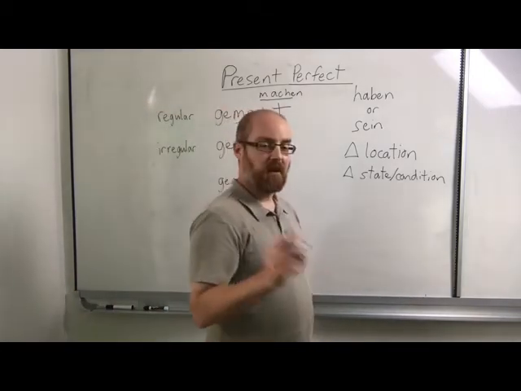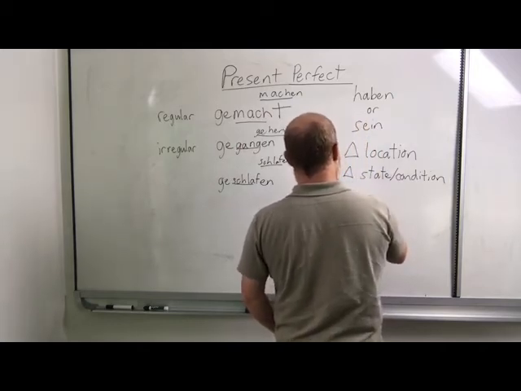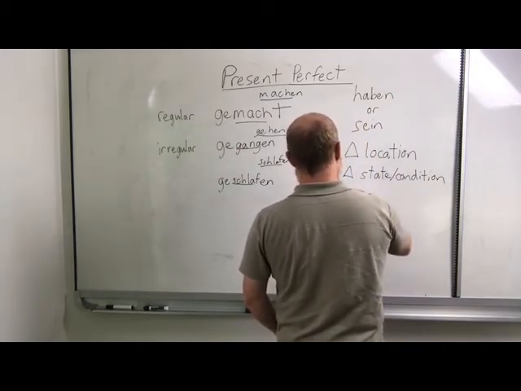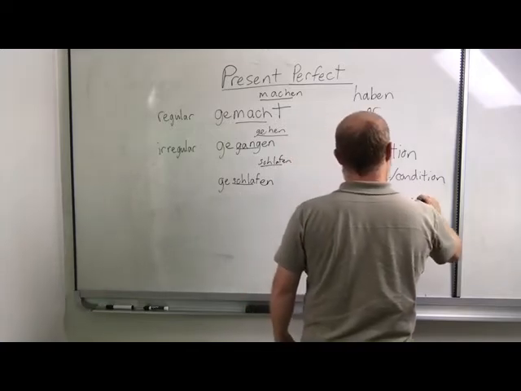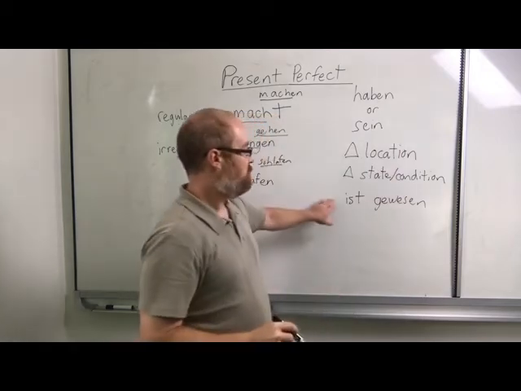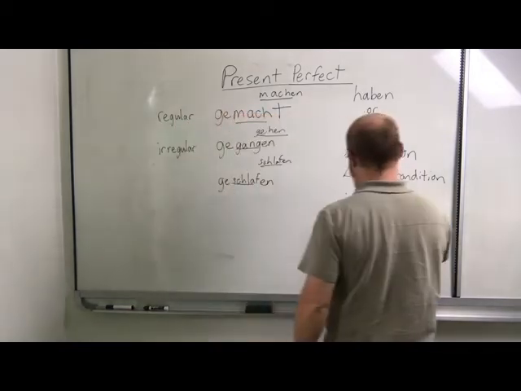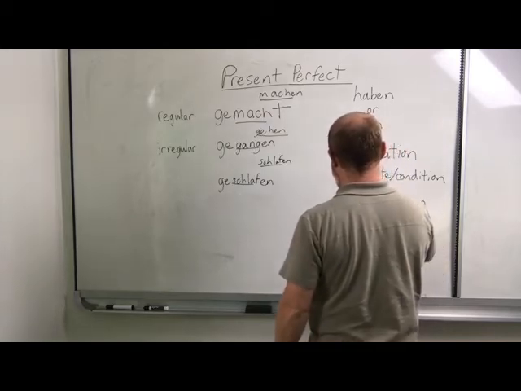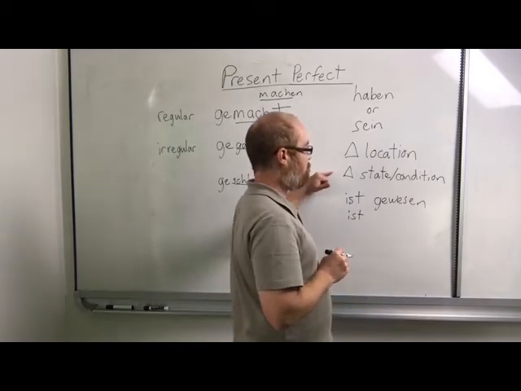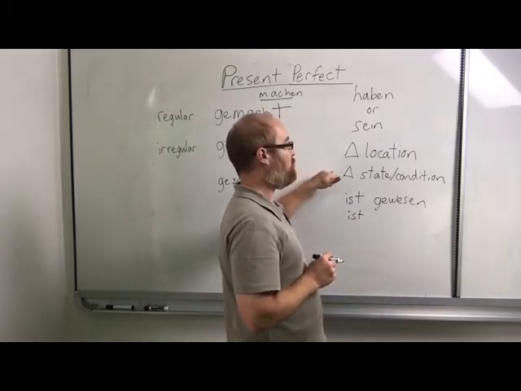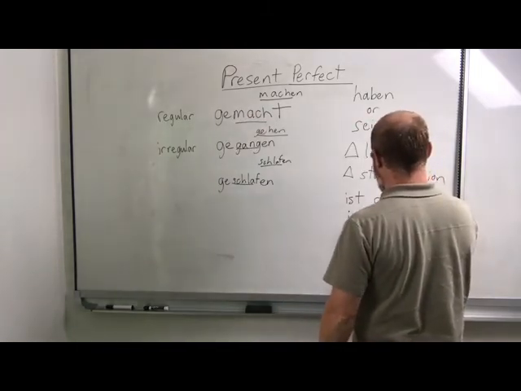Two other verbs that we use sein with, of course, each of these helping verbs takes their own participle. So using the third person singular, the past tense for sein is ist gewesen. We also have bleiben, which means to remain. With bleiben, there's no change of state or condition. There's no change of location. It's just being there. Kind of like sein in a sense.